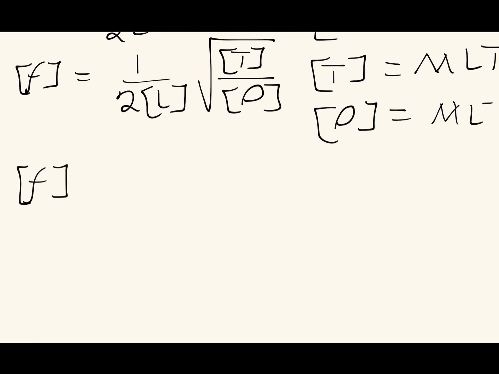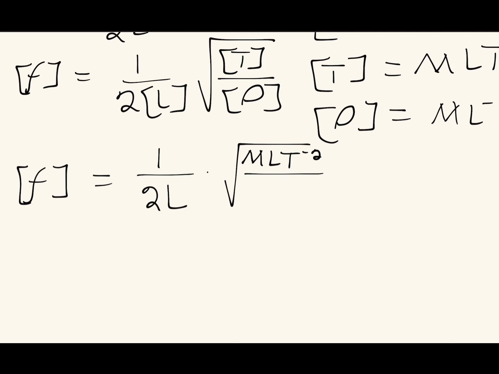Leaving the left side like this. So we have 1 over 2L times square root of MLT^-2 all over ML^-1. All right, so let's simplify.